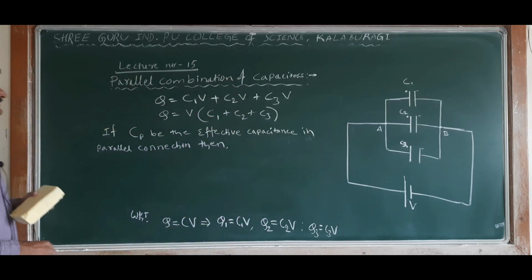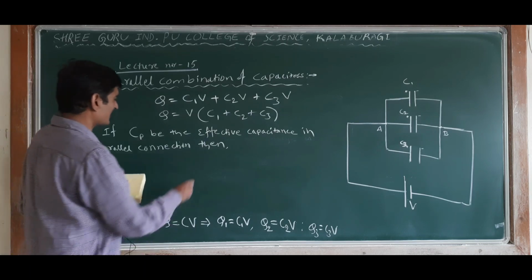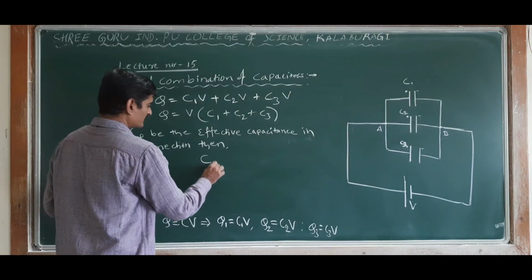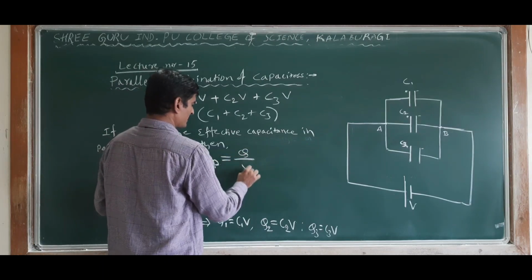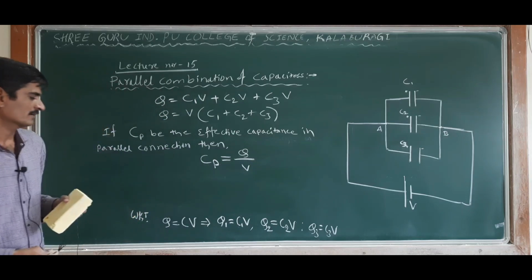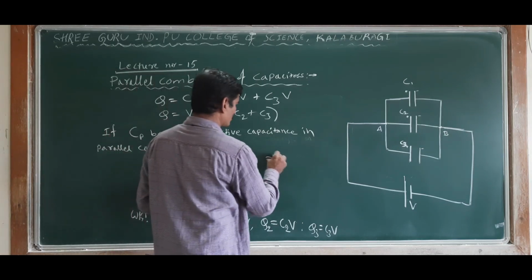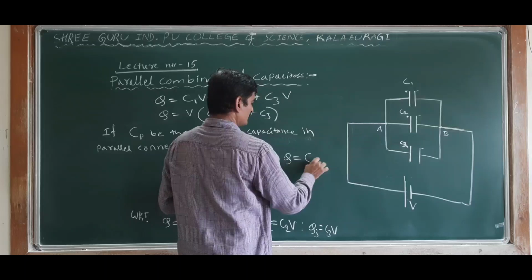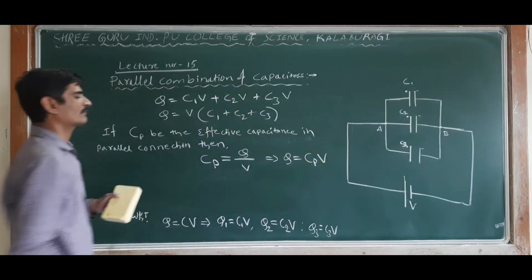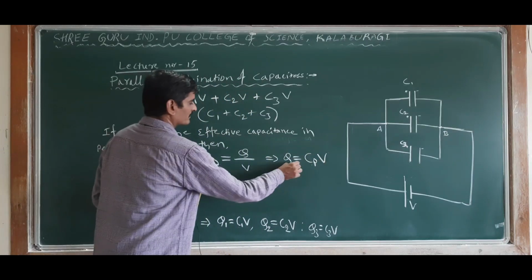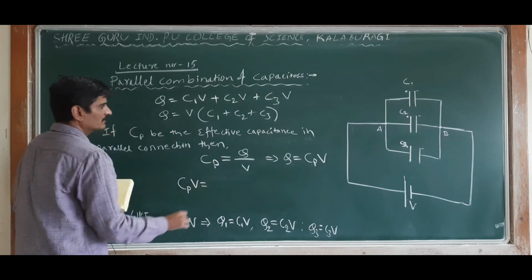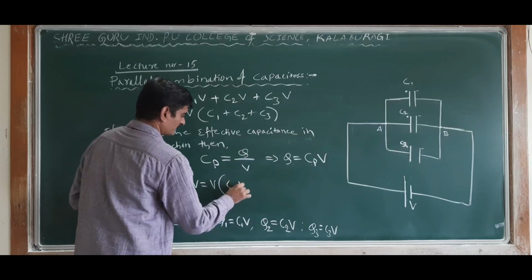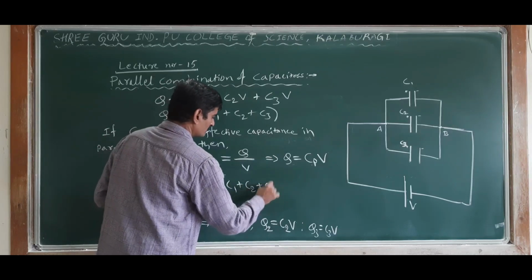So if CP be the effective capacitance in a parallel connection, then you can write CP is equal to Q divided by V, right? Then you can write Q is equal to CP into V. Now substitute that value here. Substitute this Q here. So it is CP into V equals V times C1 plus C2 plus C3.